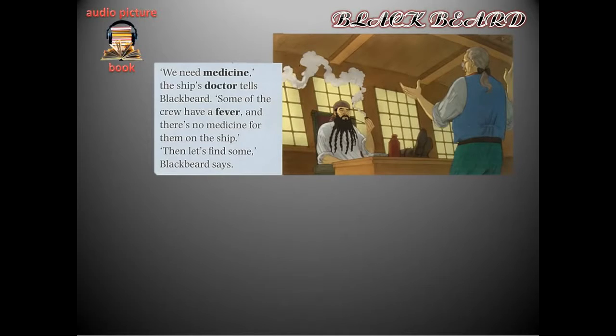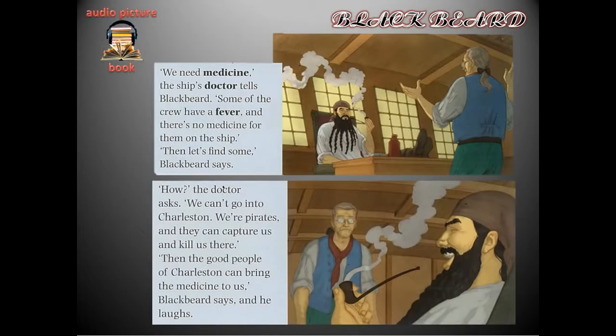"Then let's find some," Blackbeard says. "How?" the doctor asks. "We can't go into Charleston. We're pirates, and they can capture us and kill us there." "Then the good people of Charleston can bring the medicine to us," Blackbeard says, and he laughs.